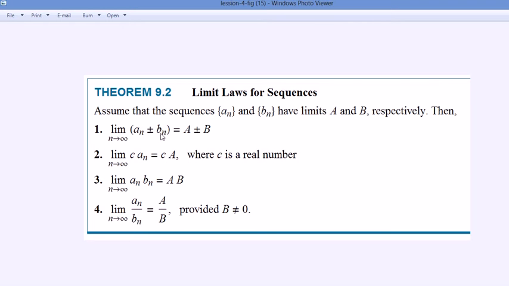The first thing you do is add or subtract to come up with the explicit formula or recursive relation of the sum or the difference. Once you have that properly defined, then think about where it goes. It says that if an is going to A and bn is going to B, then after you combine into one sequence, an plus bn goes to A plus B, and an minus bn goes to A minus B.